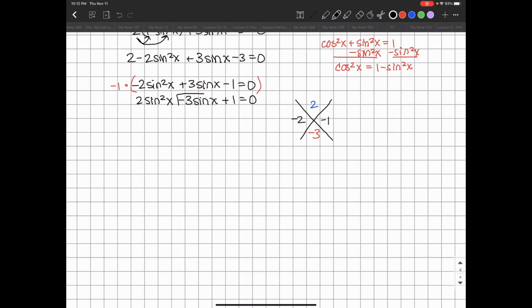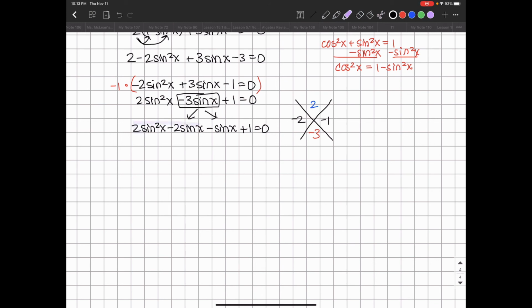So I can break down this middle term to be -2 sine of x minus 1 sine of x, or just minus sine of x. So I have 2 sine squared of x minus 2 sine of x minus sine of x plus 1 is equal to 0. And then from there, I'm going to do grouping.